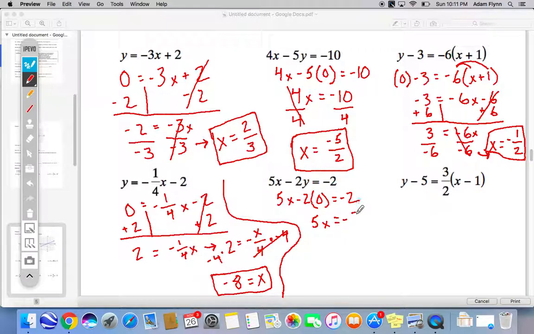So I'll put equals negative 2. To get this x by itself, I'll divide by 5. I'll divide this negative 2 by 5, because what I do on one side I have to do to the other. 5's cancel, so I'm left with x equals negative 2 over 5, which cannot be simplified.